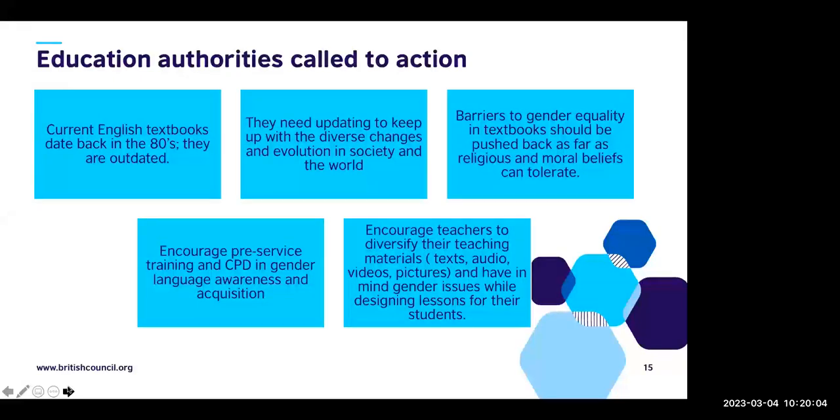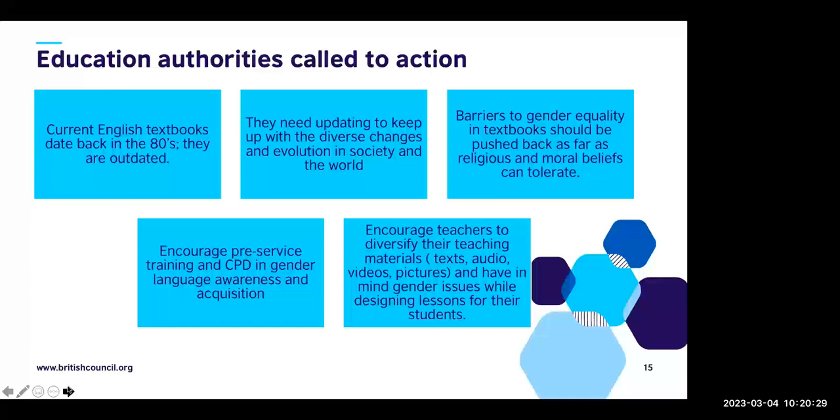They need updating. If they cannot be phased out, they need updating, okay, to keep up with the diverse changes and evolution in our society and the world. Okay, we have witnessed lots of changes, lots of improvement in the job attribution in our country. I think that these should appear in the textbook as far as I understand things.